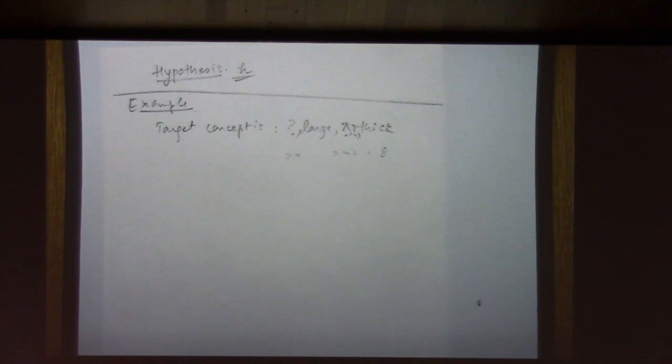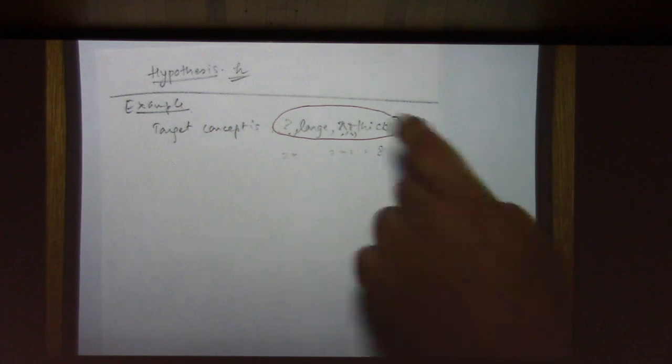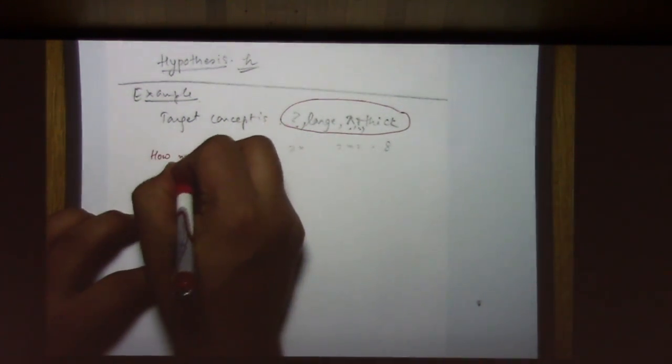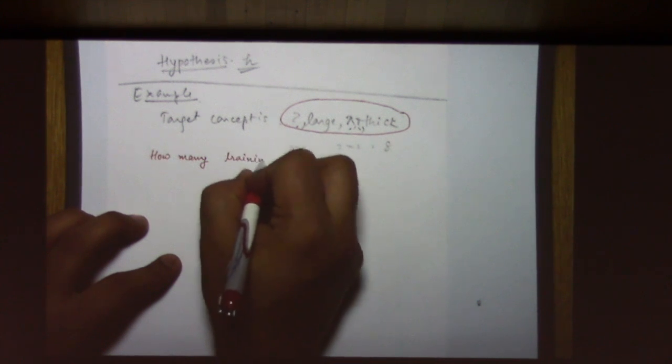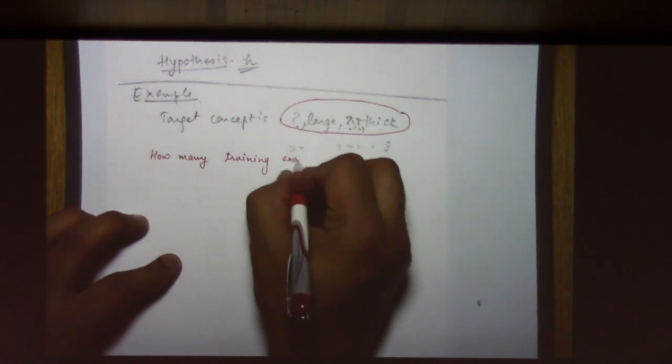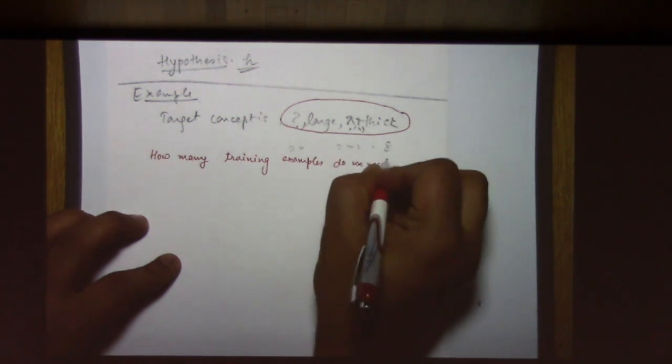Now the next question is, how many training examples do we need so that your Find-S algorithm learns this?